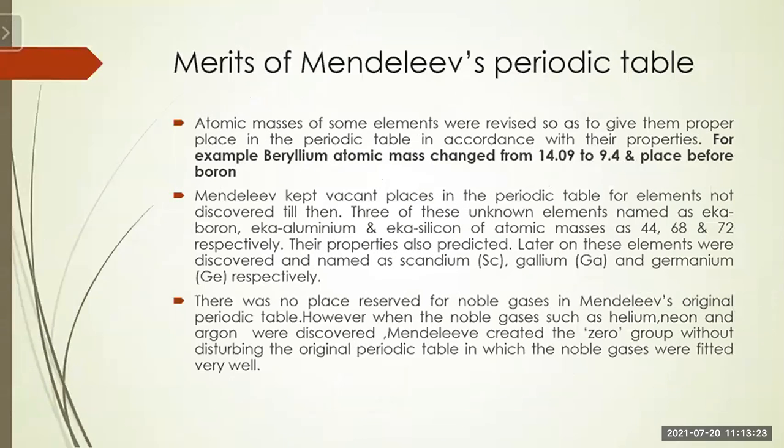Now let us see what are the merits of Mendeleev's periodic table. While applying the law that the properties of elements are a periodic function of their atomic masses to all the known elements, Mendeleev arranged the elements with the thought that the information available till then was not final, but could change.